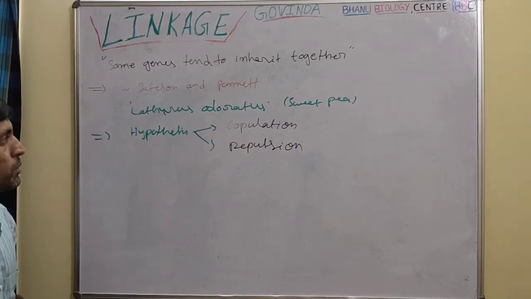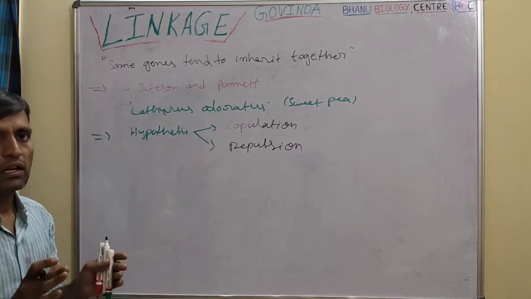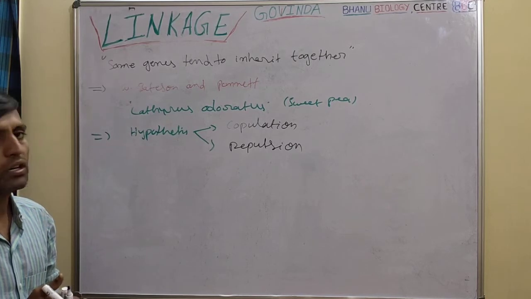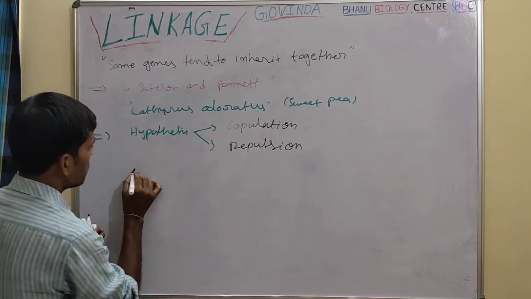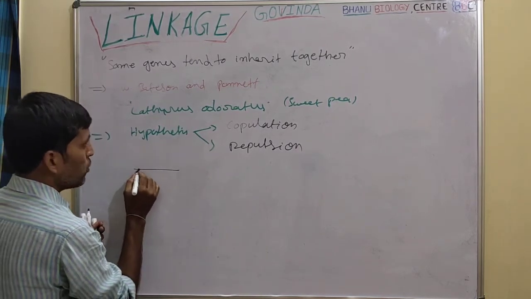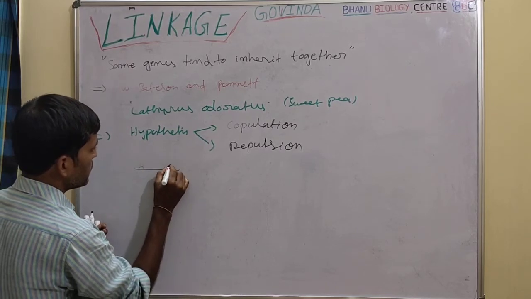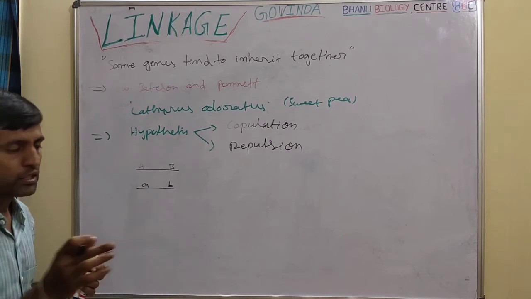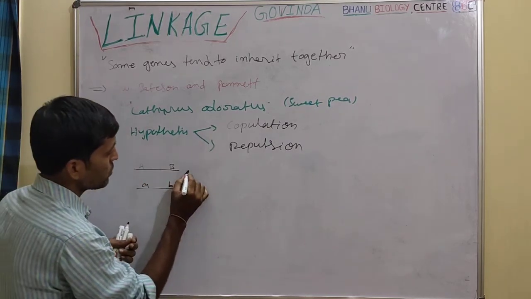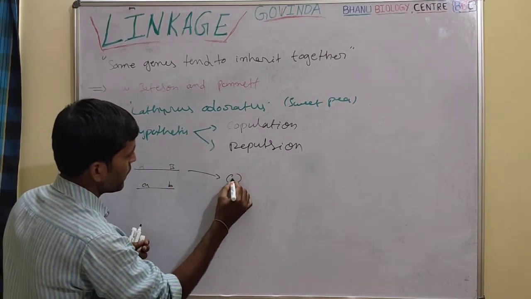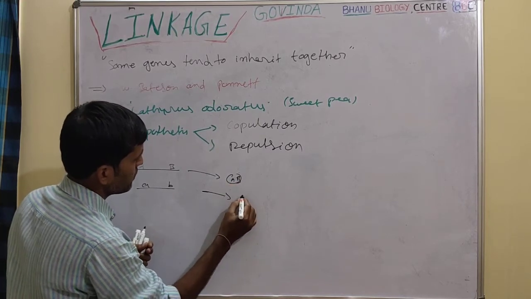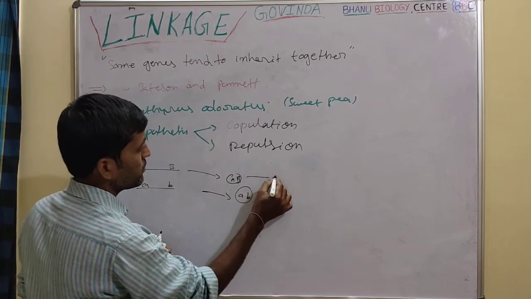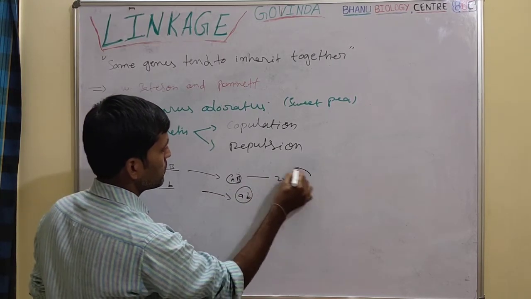Coupling is nothing but the genes coming from the same parent entering the same gamete. That is called coupling. For example, both dominant genes or both recessive genes present on the chromosome enter the same gamete, and enter the same zygote also, right?